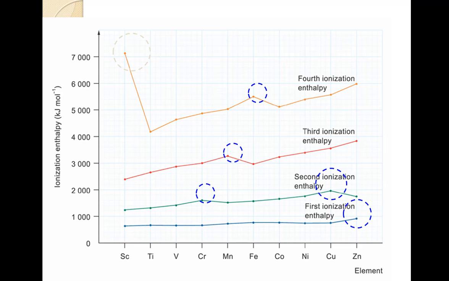Similarly, in case of copper also, the second electron is to be removed from 3d10, again a completely filled d subshell. So that's why the second ionization enthalpies of copper and chromium are slightly higher.